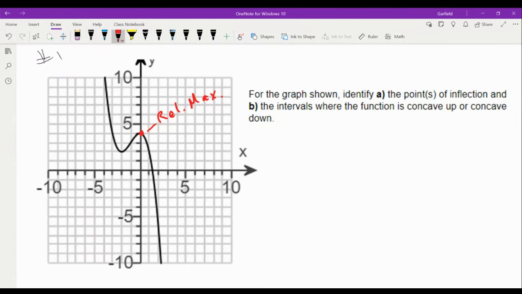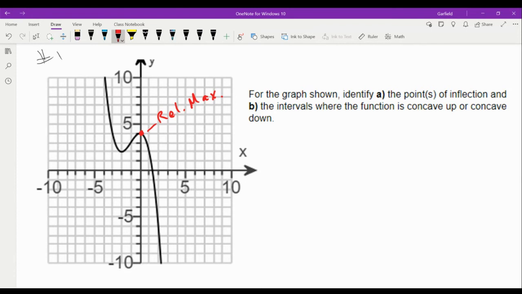Now where's the point of inflection? The point of inflection is where it changes once again from concave up to concave down, or from concave down to concave up. Now the left side of this graph, is it concave up or down? Concave up. So the left side is concave up.